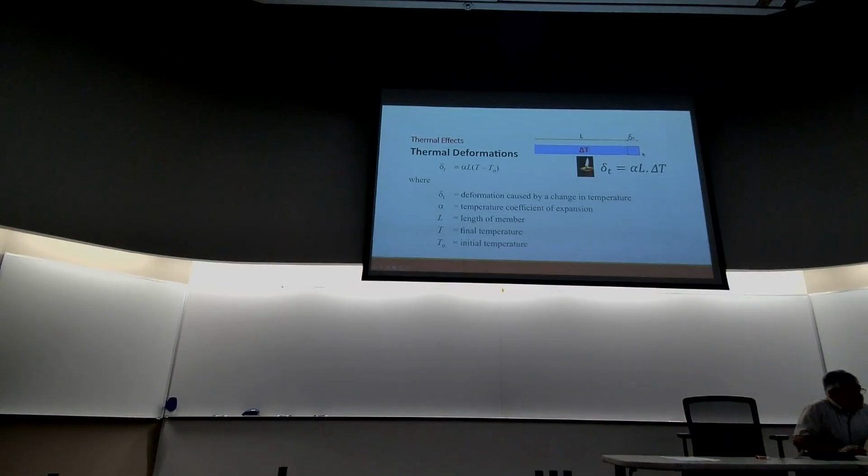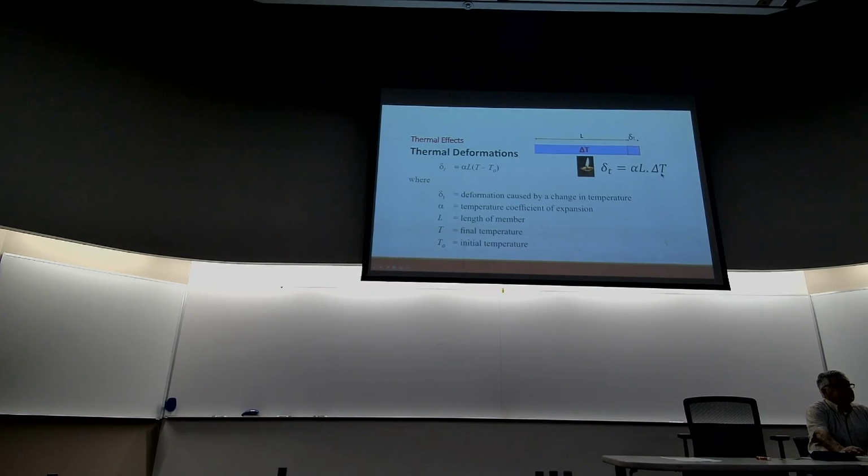But before we talk more about that, let's make sure we understand our symbols. One last time. This delta lowercase T is deformation due to temperature change. Alpha is from a table, the coefficient of thermal expansion. L is the original length shown here.